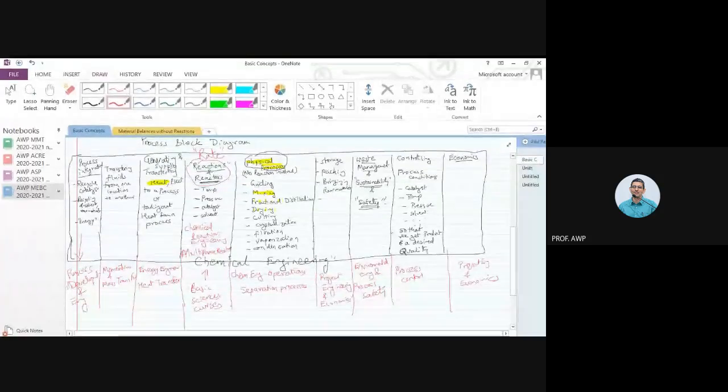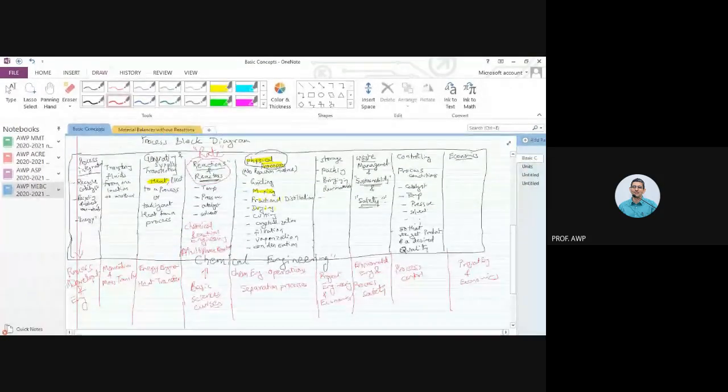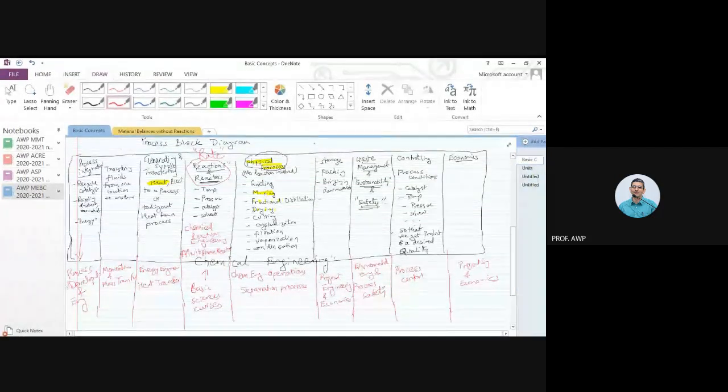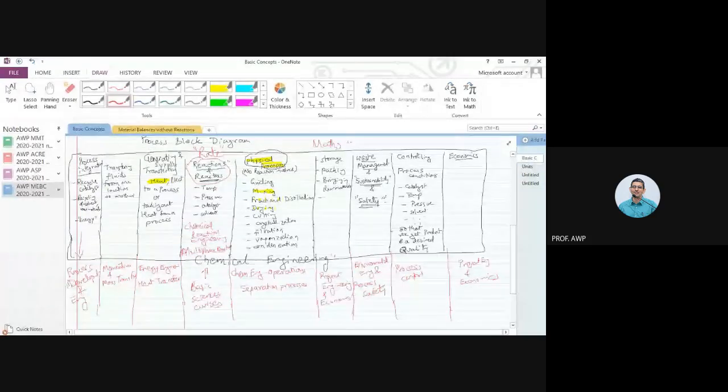In order to do all these things quantitatively, you need the maths courses, because you need to write equations, you need to solve them, you need to predict what is going to happen. Right?